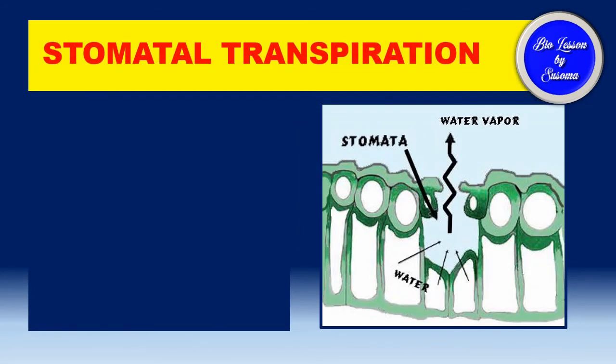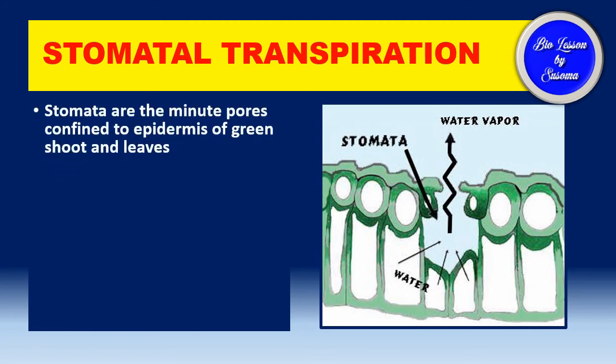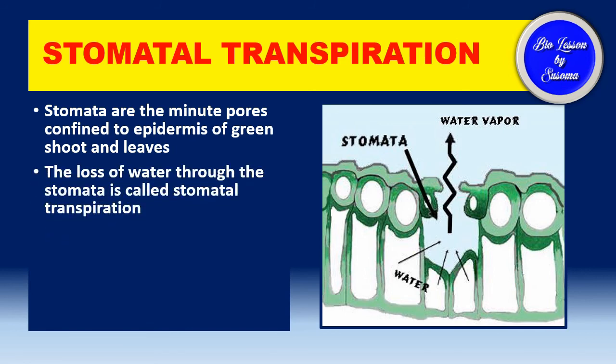So what are stomata? Stomata are minute pores which are confined to the epidermis of green shoots and leaves. When the loss of water takes place through the stomata in the form of water vapor, this is called stomatal transpiration.